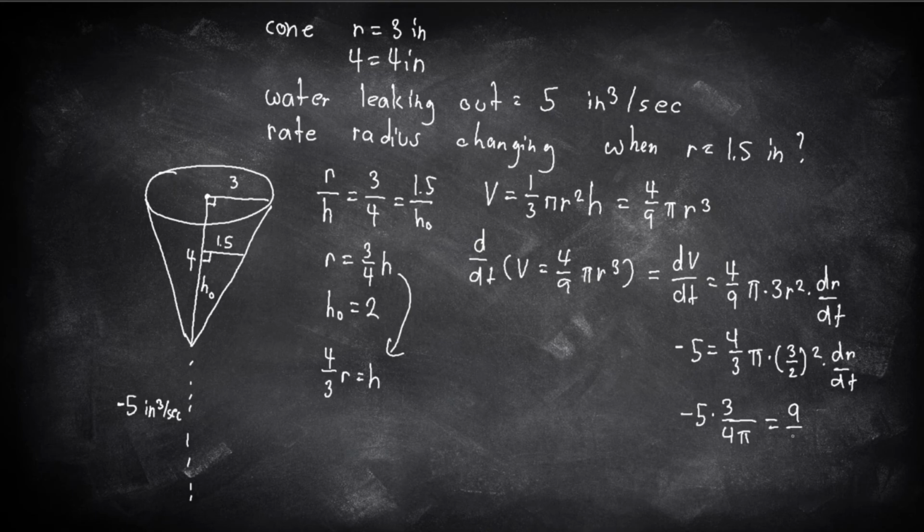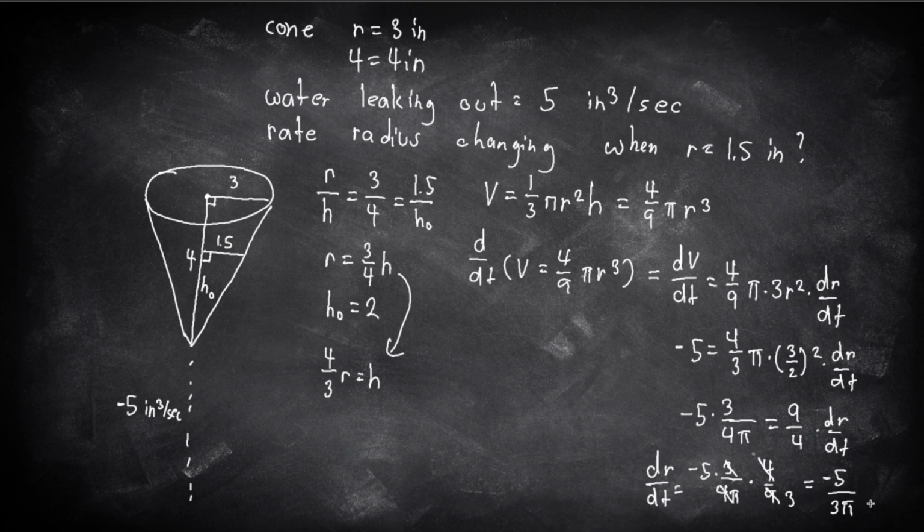So 3 squared is 9, 2 squared is 4, so 9/4 dr/dt. So that's -5 times 3/4 pi times 4/9. Cancel out your 4, cancel out the 3 with the 9, with a 3 left over. So that gives us that our answer is -5/(3 pi), which is equal to our dr/dt.